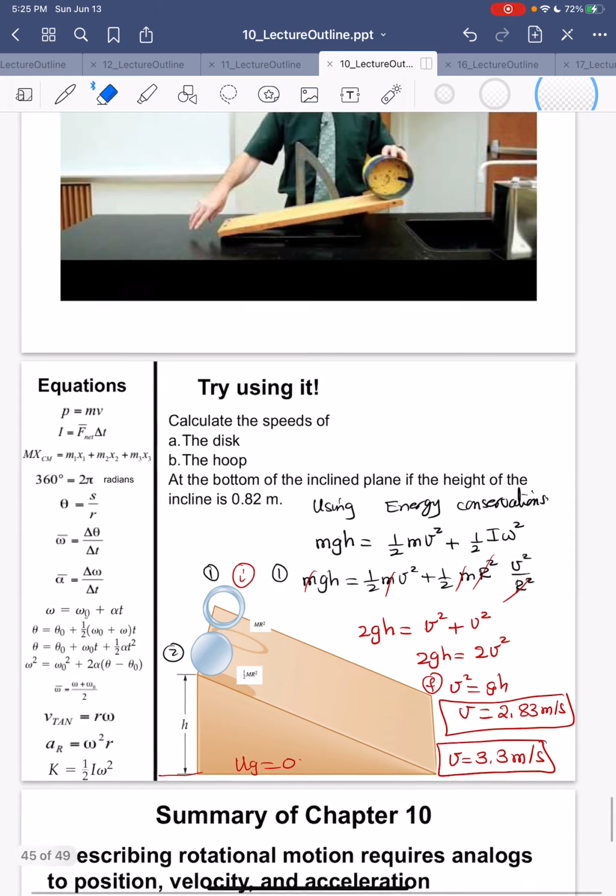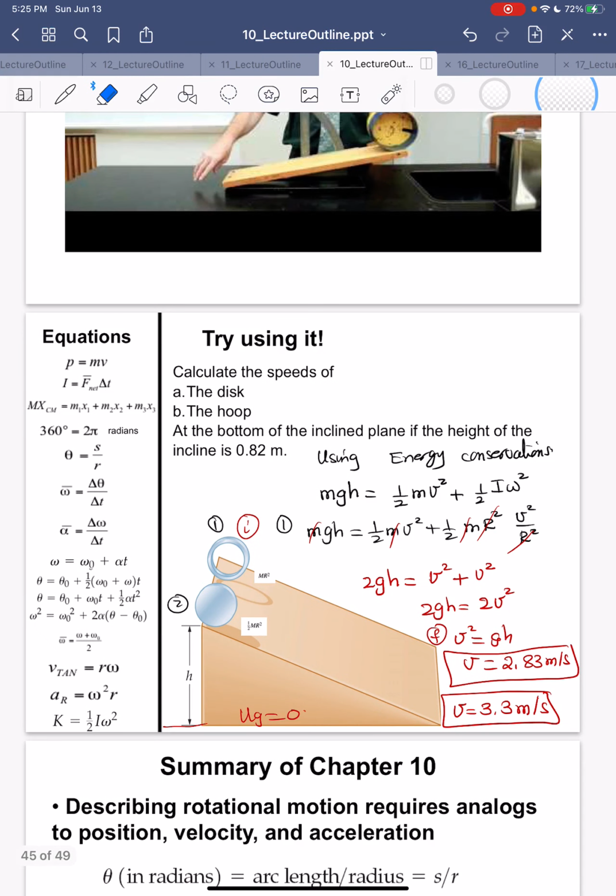And I can substitute my omega squared to be v squared over r squared, and I can cancel the mass because it appears in all the terms. Then finally I can conclude that my v squared is just g times h. And if I calculate this v, it is 2.83 meters per second.